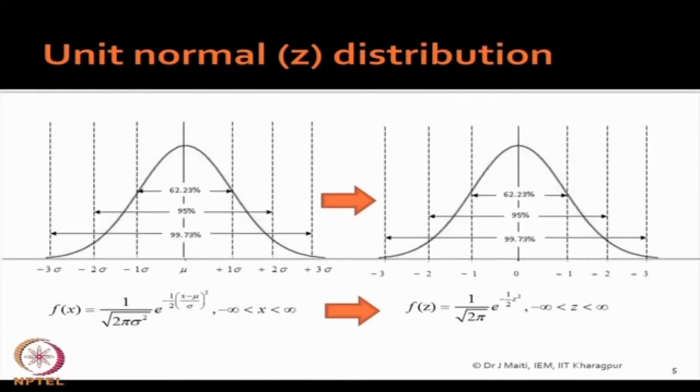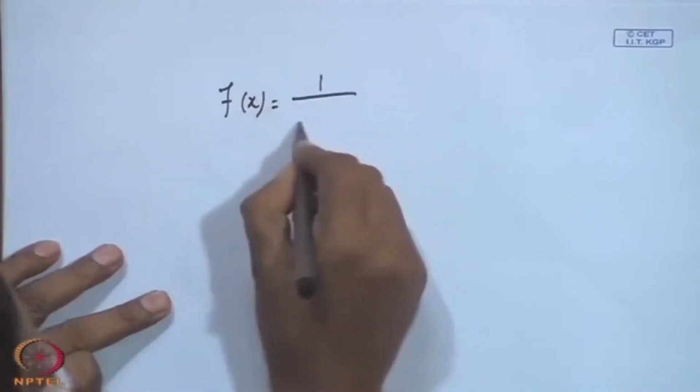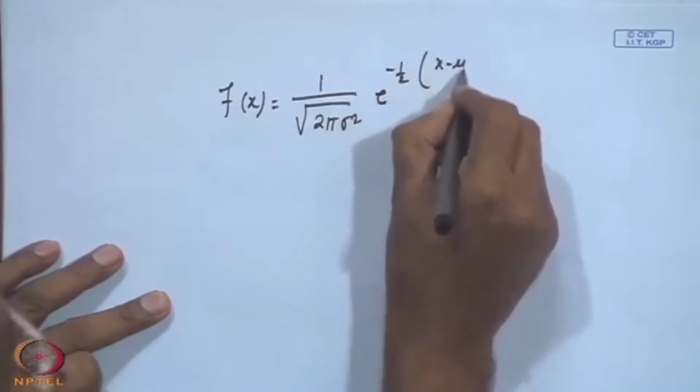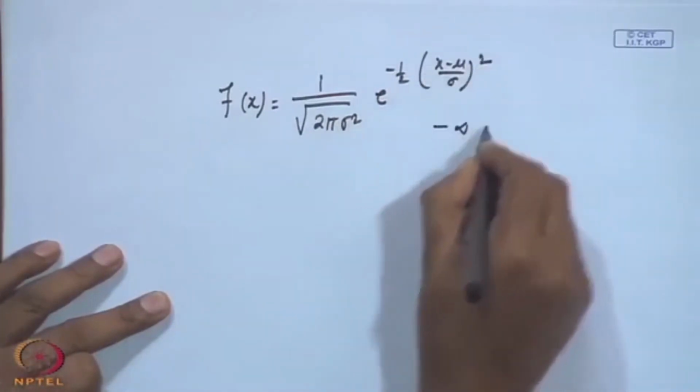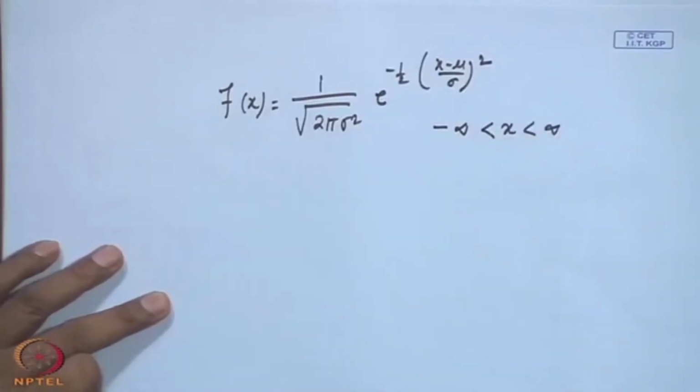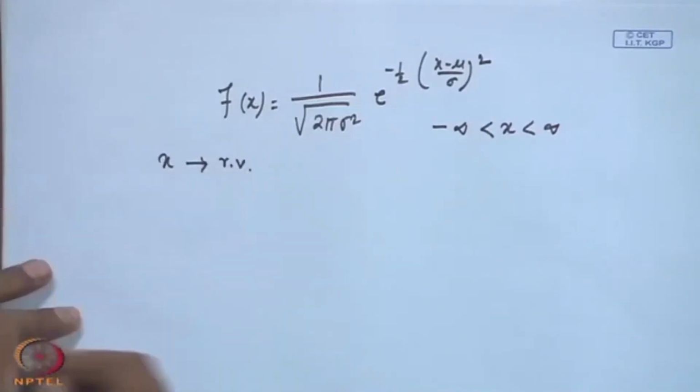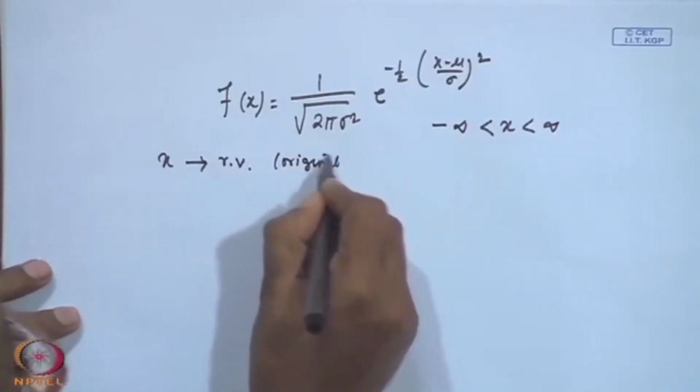I am sure you will not find it difficult, because all of you know that on the left hand side, the figure you see is the normal distribution, and the probability density function is f(x) equal to 1 by root over 2 pi sigma square, e to the power minus half times (x minus mu by sigma) square, where x varies from minus infinity to plus infinity. Here x is the original random variable, the one you have observed.